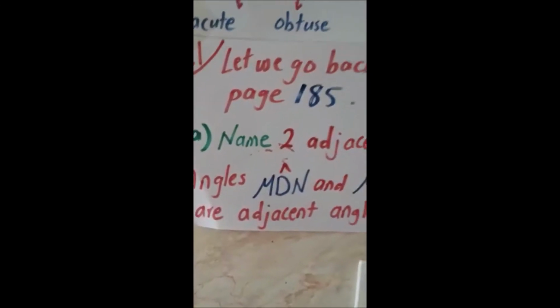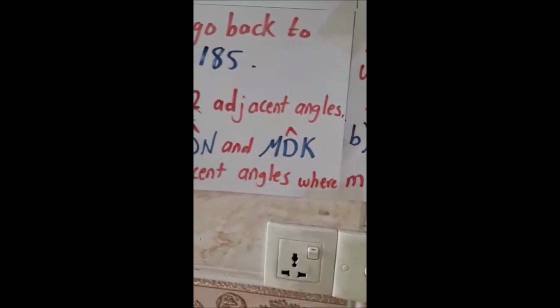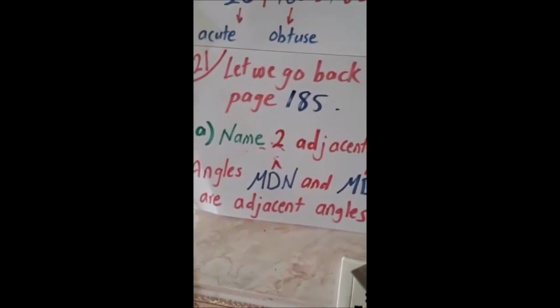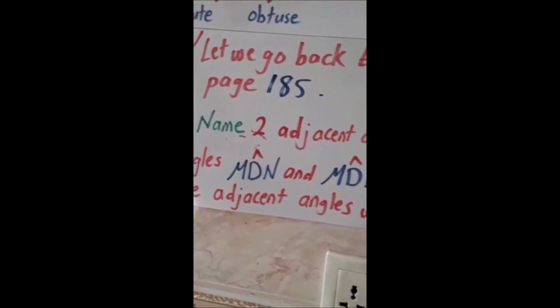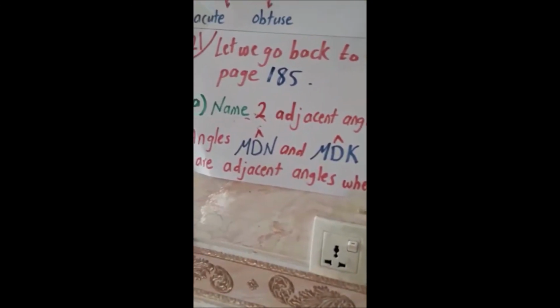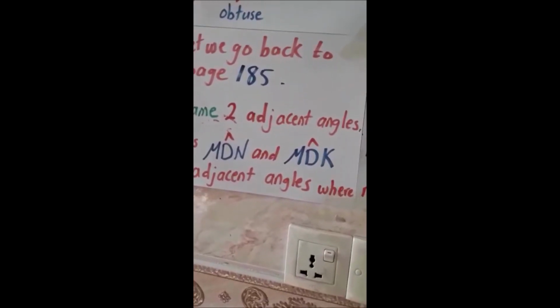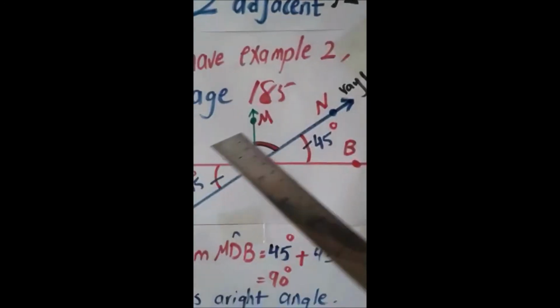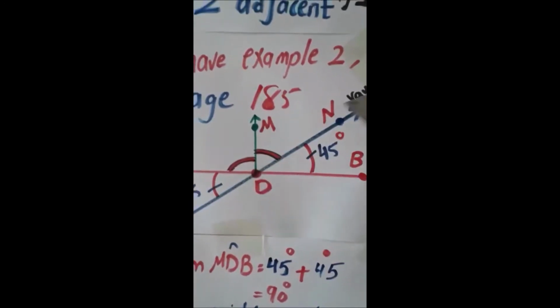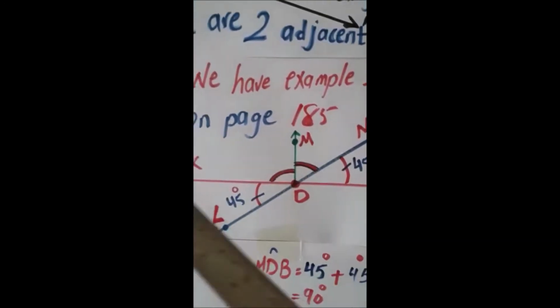He's asking the first question: name two adjacent angles. The answer is that the angles MDN and MDK are two adjacent angles. Can you see them? Yes, why not. MDN, bravo guys, MDN and MDK.